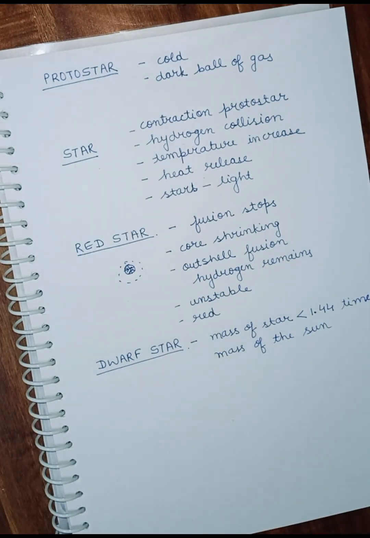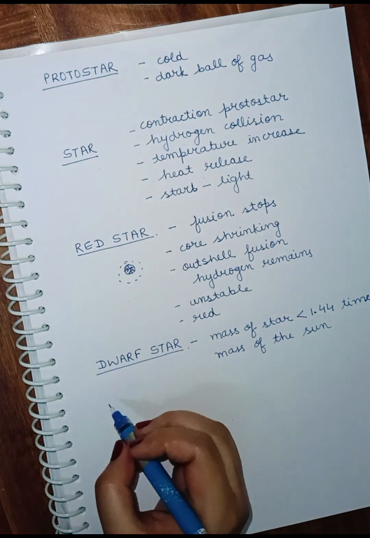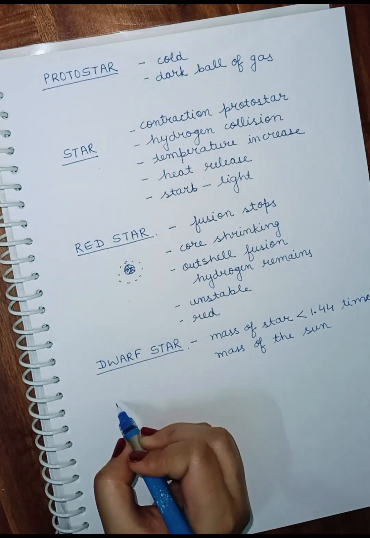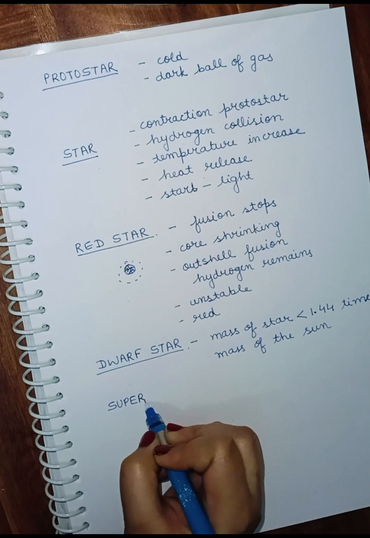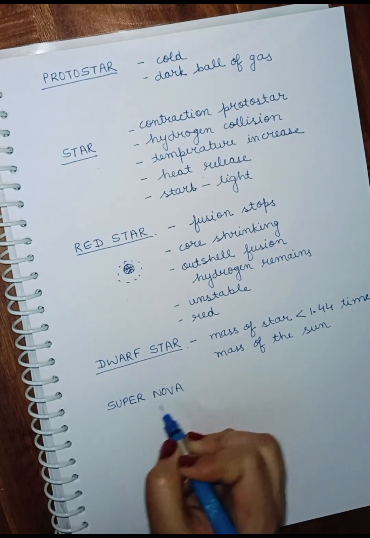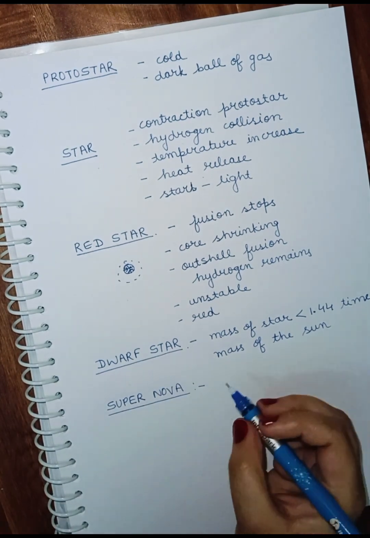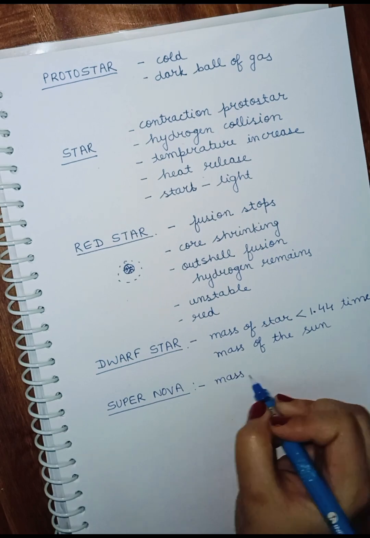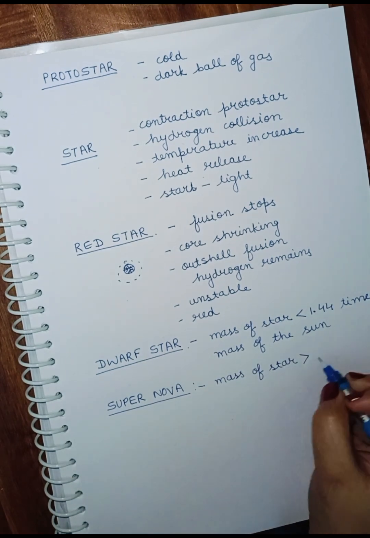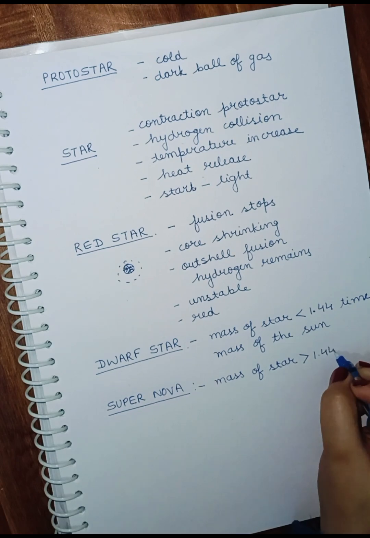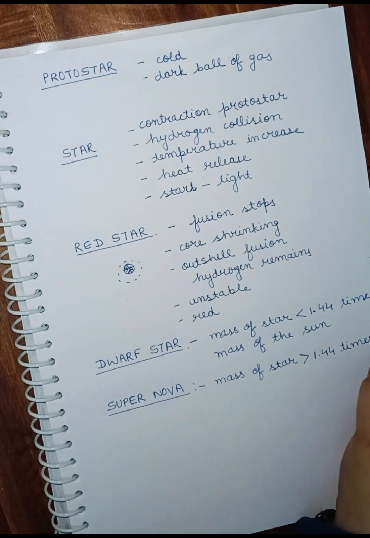When the mass of the star is less than 1.44 times the mass of the sun. Then comes the supernova. In a supernova, the mass of the star is greater than 1.44 times the mass of the sun.